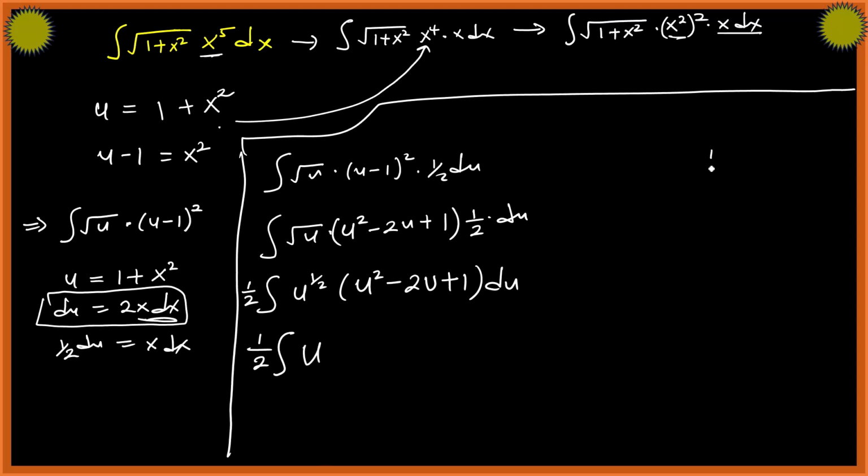So 1 over 2 plus 2, that is 5 on 2. Minus 2, u raised to half times this.